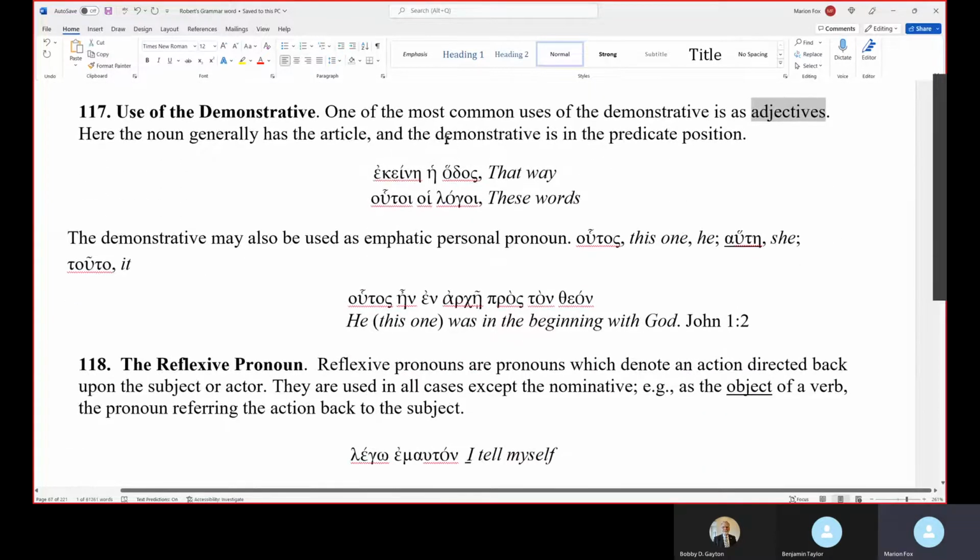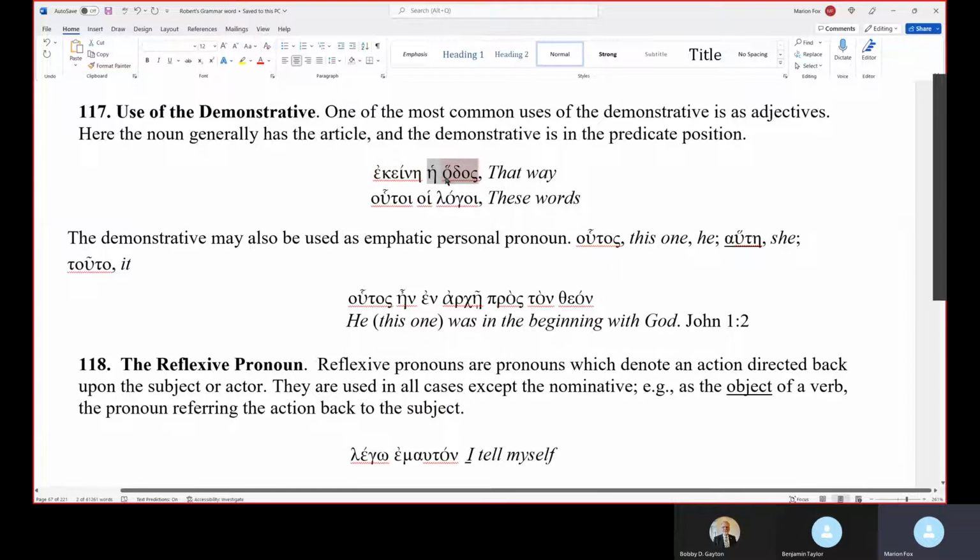So one of the most common uses is as an adjective, which has all the forms of an adjective, and here the noun generally has the article. The demonstrative is in the predicate position: ekeine he hodos. So the article precedes the noun, not the pronoun, or in this case, the pronominal adjective. So we have the article before the noun.